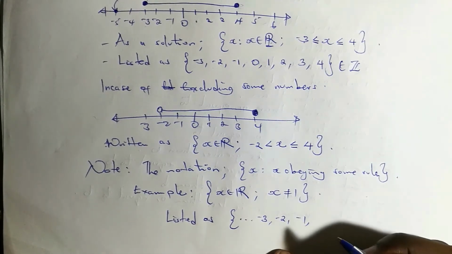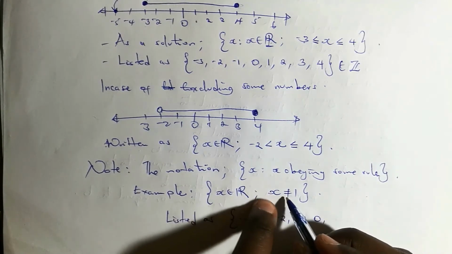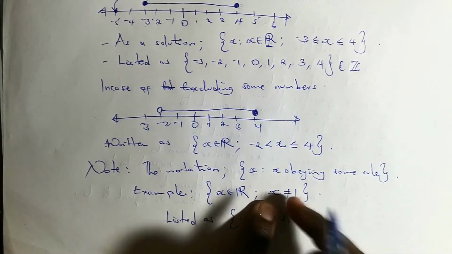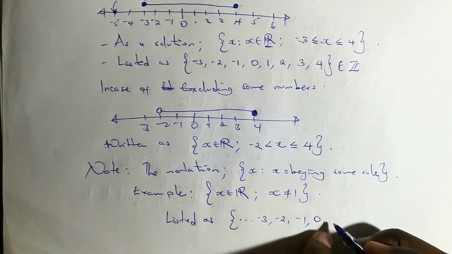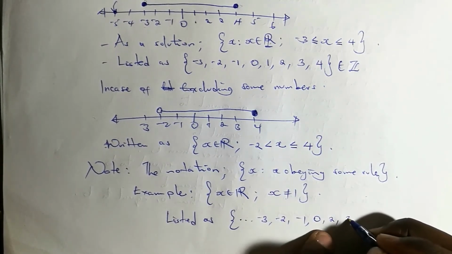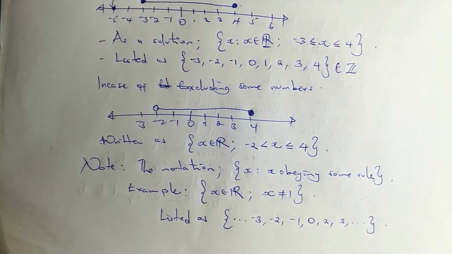Then we can include 0, but the rule is don't put 1. x should not be equal to 1. So we're going to skip 1 and go to 2, 3, and also continue the other side like that. That's some of the rules I'm talking about.